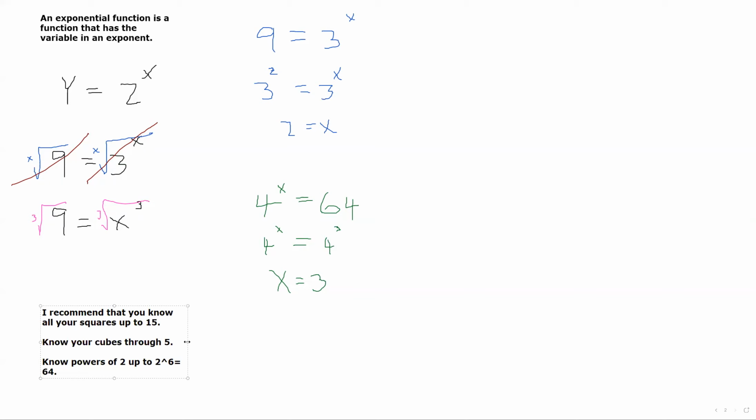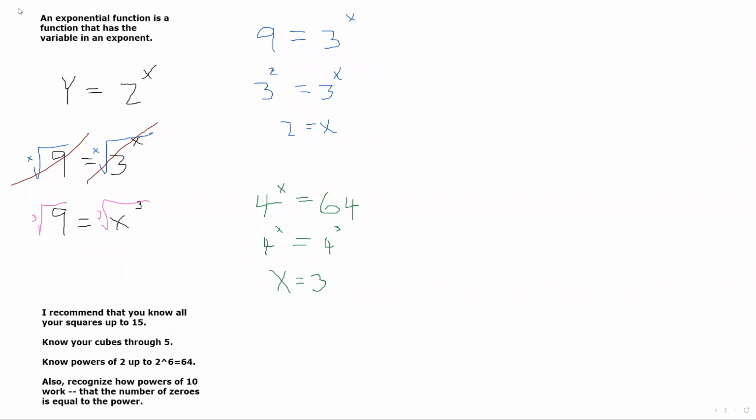The reason I say this is because your teachers will tend to use these things over and over again. Also recognize how powers of 10 work: the number of zeros is equal to the power. By that I mean, if you have a million, which has 6 zeros, that's the same thing as 10 to the 6th. This will make it a lot quicker for you to solve these questions and to recognize what's going on.